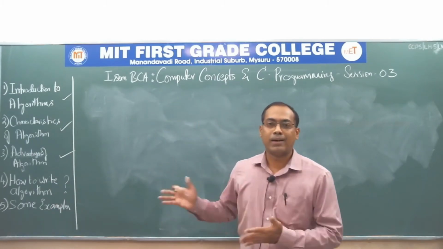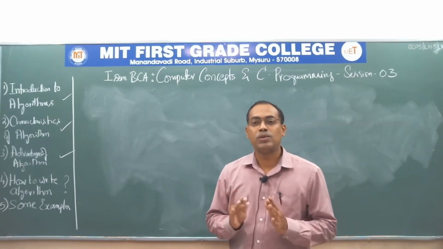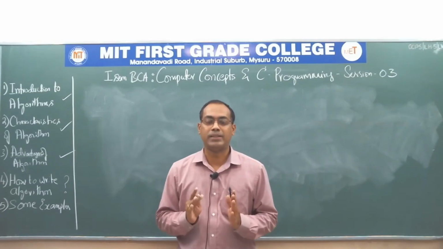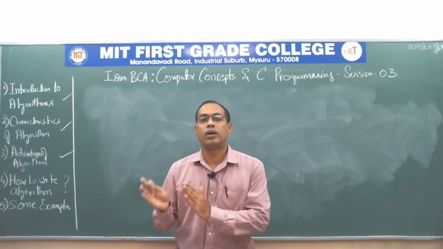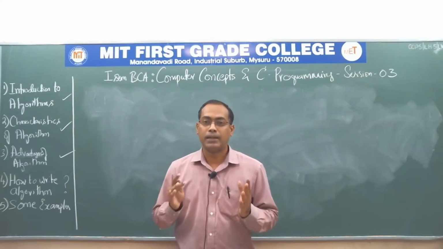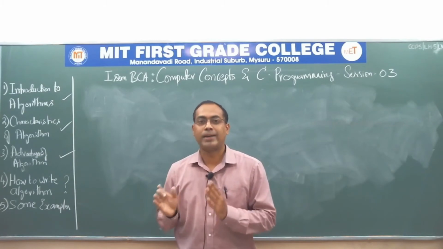Students, I have written an algorithm for preparing a tea. There is no standardized way of writing an algorithm. Keep this in mind. Whereas if you are going for another kind of design tools like flowchart or DFD, then you have to write it in a standardized way.